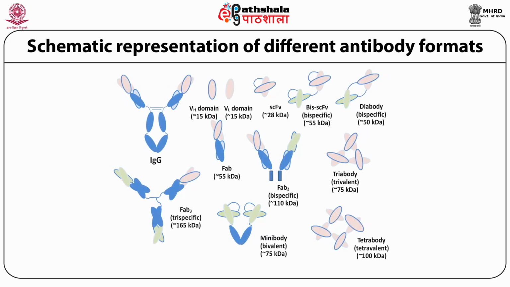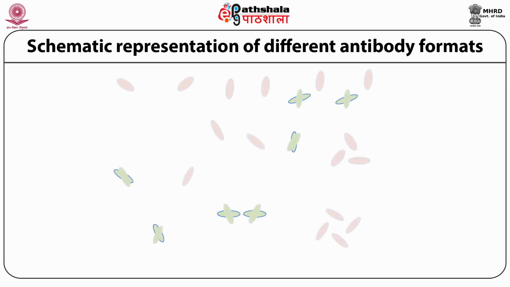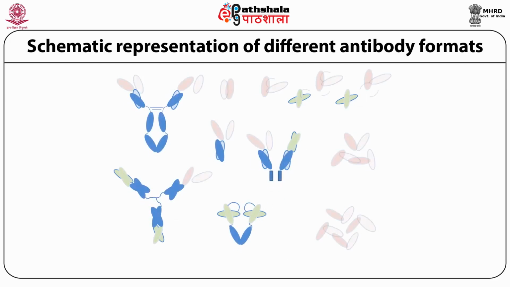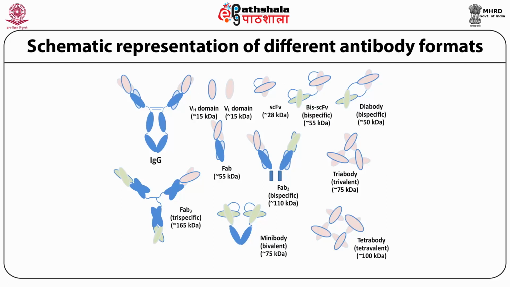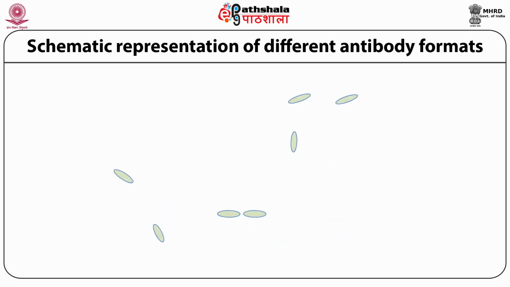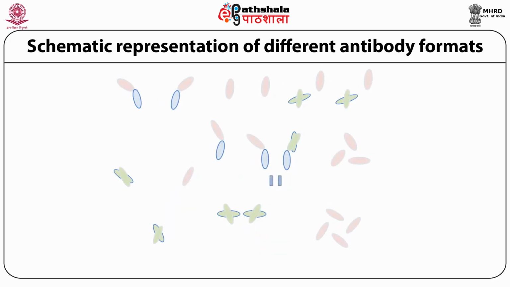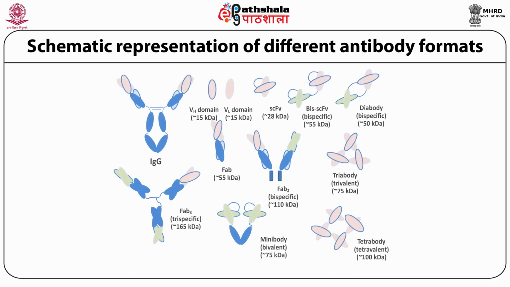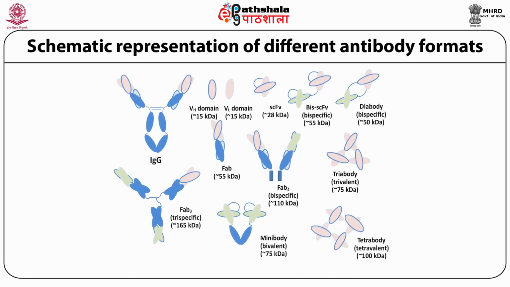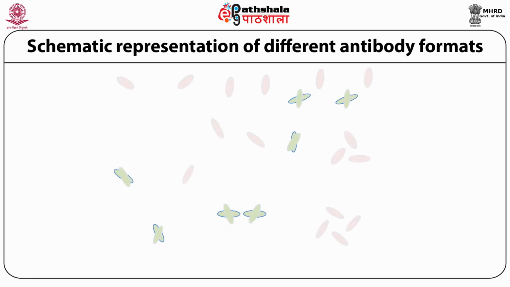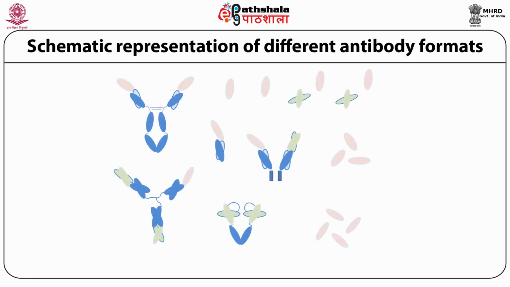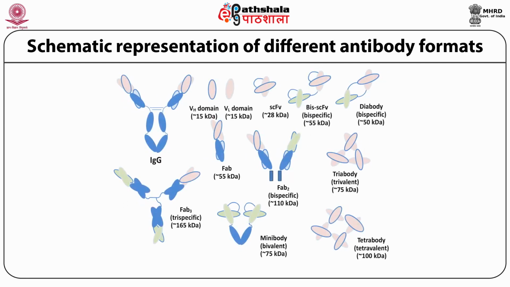So the formats of bispecific scFvs, diabodies, and Fab, where the number of binding sites can be increased to more than one, leading to higher avidity binding to the antigen, can be seen. In a Fab molecule you can see the antigen binding variable domain together with the constant domain.